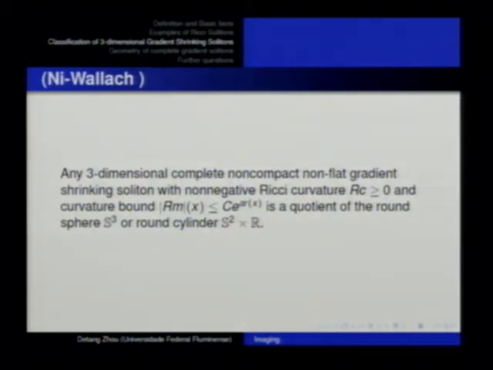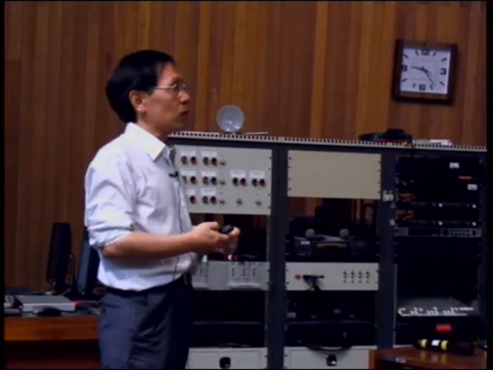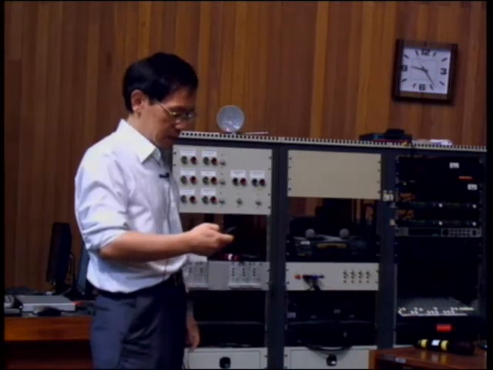In three-dimensional cases, they use this. That is why I mentioned that the example is important, because if you don't take the dimension into account, and only look at the equation, you cannot prove that Ricci is non-negative.